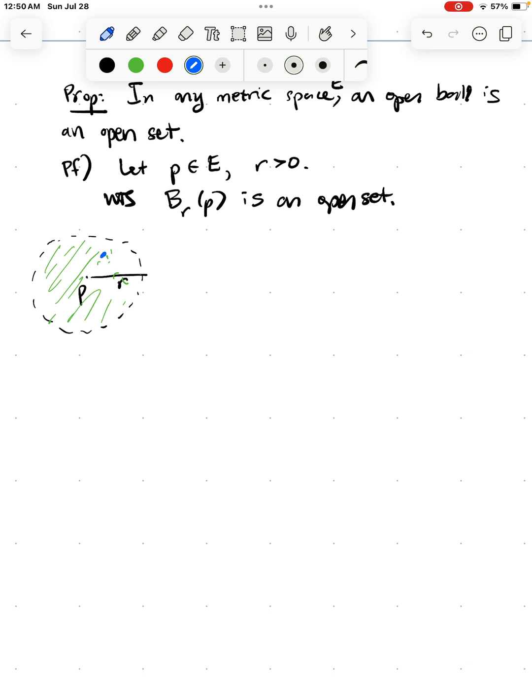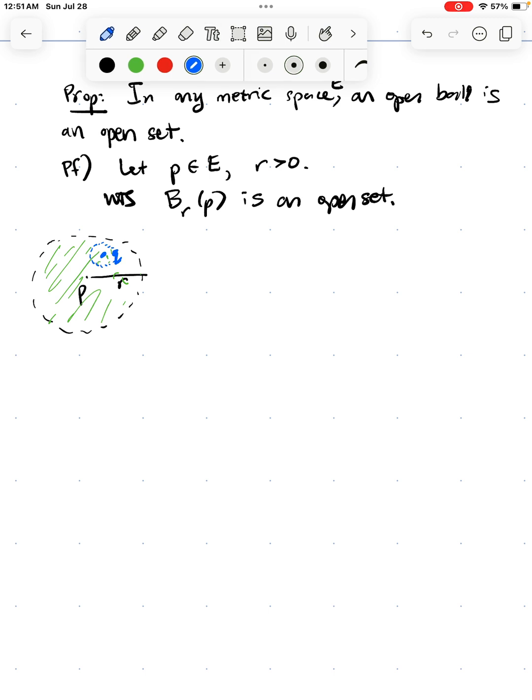So if you have a point here, say Q, you want to show that there is some open neighborhood centered at Q that's completely contained in that set. That's what you want to construct.